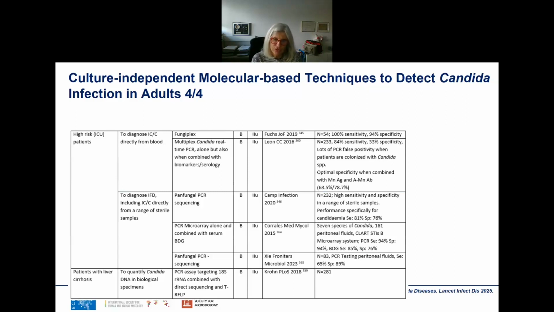On the other side, using all these methods, it's clear that PCR specificity can be increased through conventional positivity, and even in low prevalence settings with candidemia, the high negative predictive value supports PCR to rule out invasive candidemia.